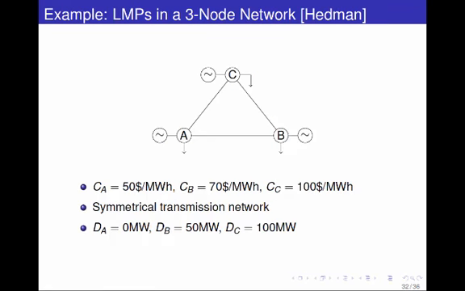Okay, so the message here is the following. One other observation we made in the last lecture was that if I have two buses and the price in bus A is bigger than in bus B, typically what direction is the power going to be flowing?